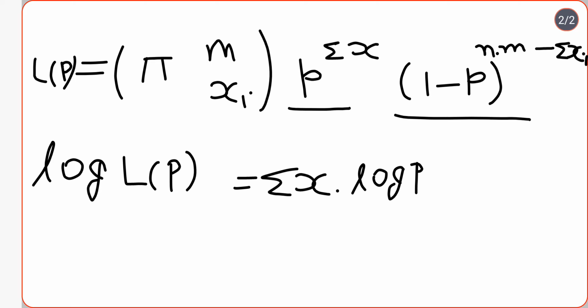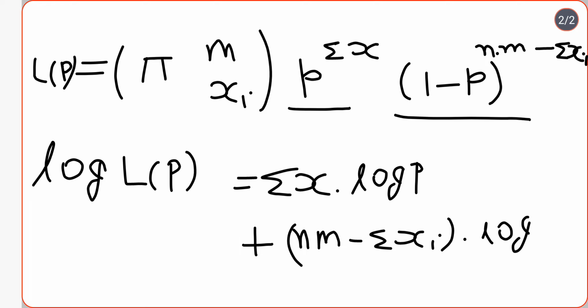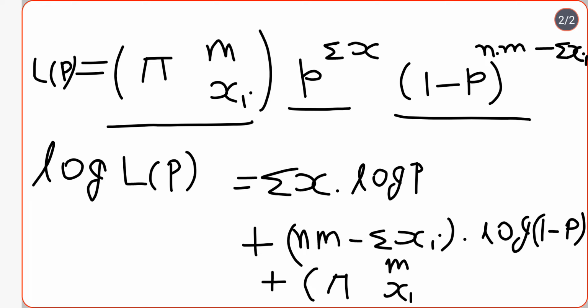And for the part (1 minus p) to the power nm minus summation xi, the logarithmic transformation will become plus n into m minus summation xi, the power becoming the multiplier, into log (1 minus p). And this part is not required to be changed, it will stay as it is even after the logarithmic transformation, because it is representing a combination. So it will be the product of mCxi.